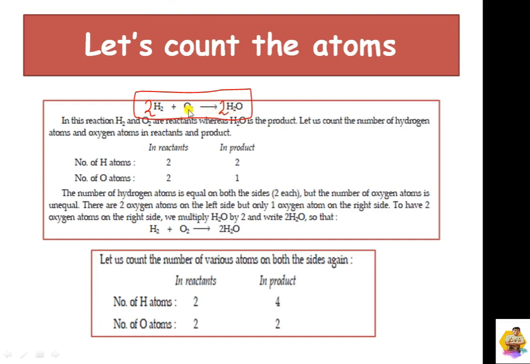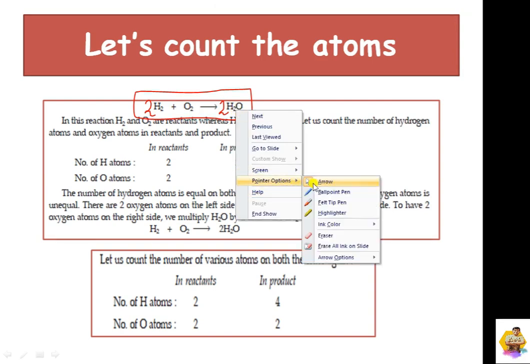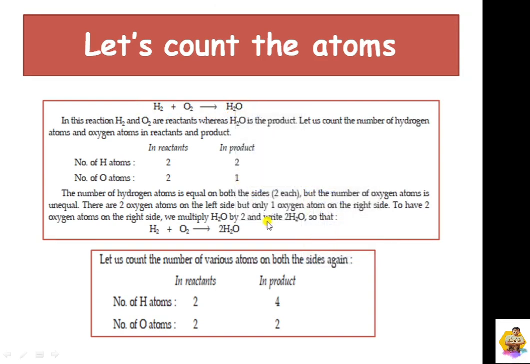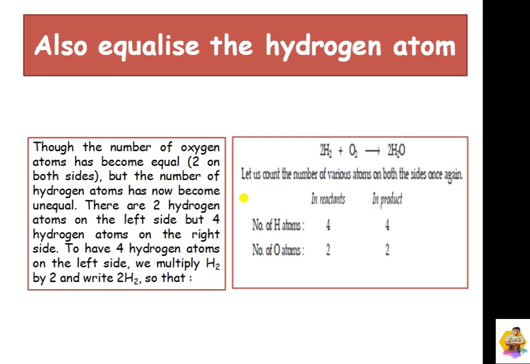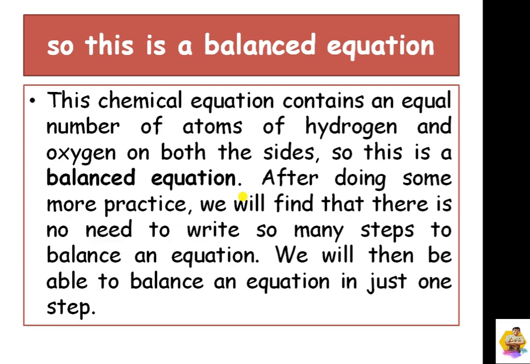The number of oxygen atoms is 2 on the reactant side, and 2 on the product side as well. So we can say that this chemical equation is a balanced chemical equation. This is what we have done in this slide. It is balanced because it contains an equal number of hydrogen and oxygen atoms on both sides.